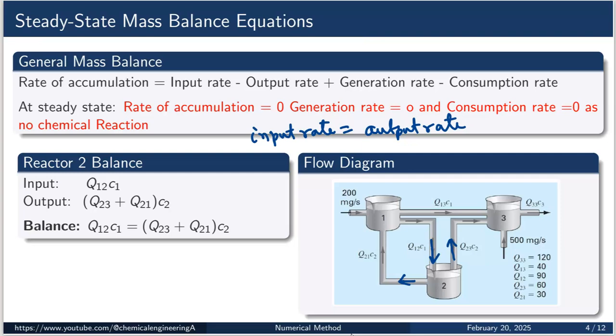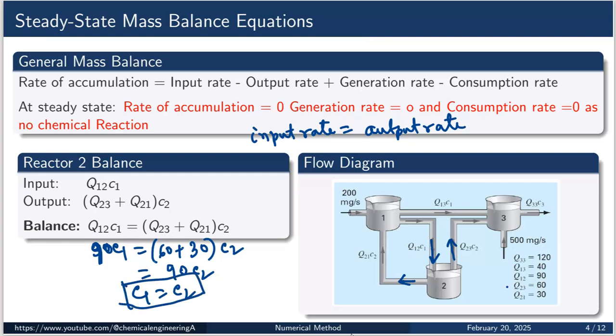Q12 is given as 90, so 90 C1 is equal to Q23, which is 60, plus Q21, which is 30, times C2, so that is 90 C2. So C1 is equal to C2, that is equation 2.